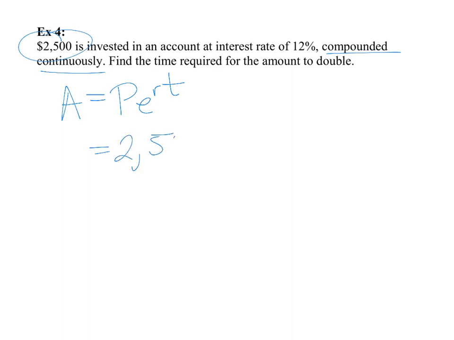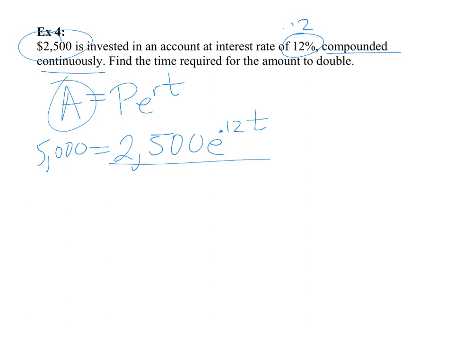That's the initial amount you're investing. And the interest rate is 12%, so 0.12, that's r. Have to write it as a decimal. And find the time required for the amount to double. Oh, for it to double. Okay, so that means that the amount you have in the account is 5,000. So I have to figure out t.